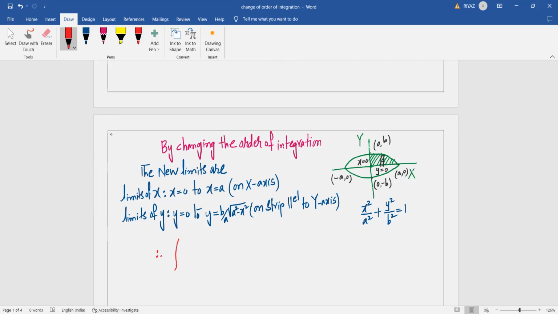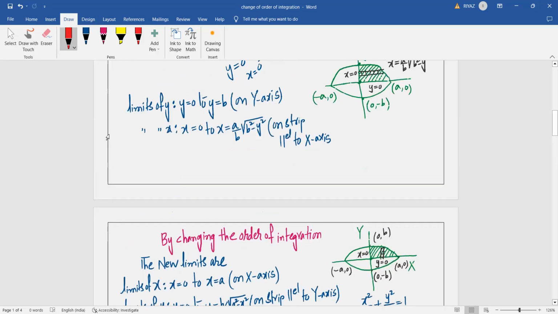Then for integration, same question, only the limits will change. Yes, but before and after we have to write. It was like this.